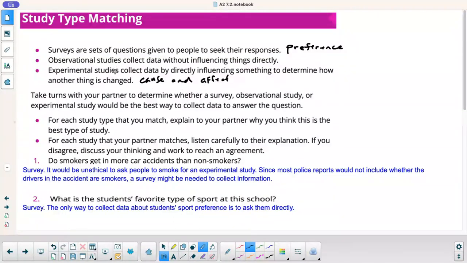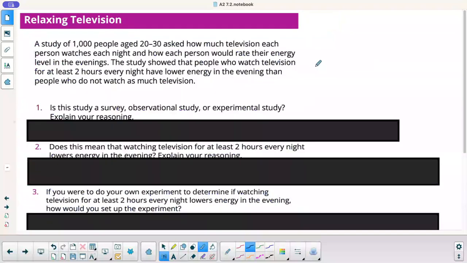Observational studies are things that you can access information. Okay, anything that you can access the information without needing an experiment. All right.